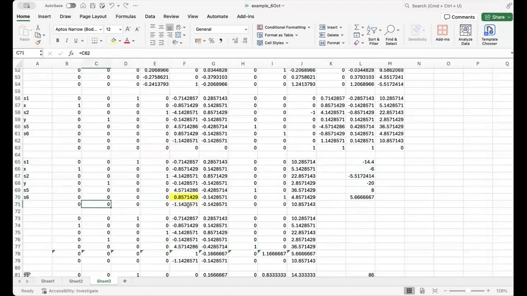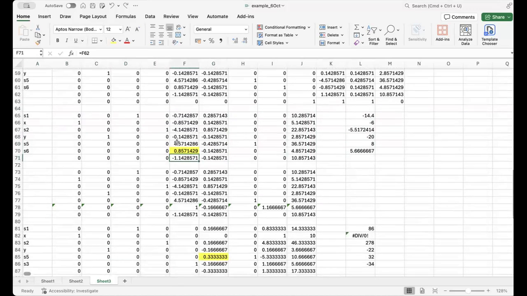Now we consider the objective function. We can further reduce the objective function because we have a negative coefficient. This is the most negative, so this is our pivot column, and this is our pivot element.